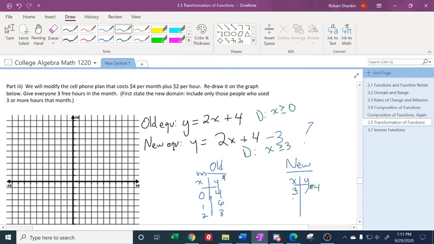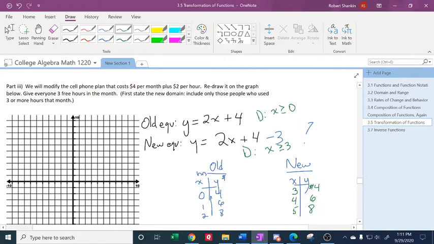If you did 4 hours, the first 3 were free, and the next one cost $2, so it's $6. You did another 5 hours, it's $2 more, $8.